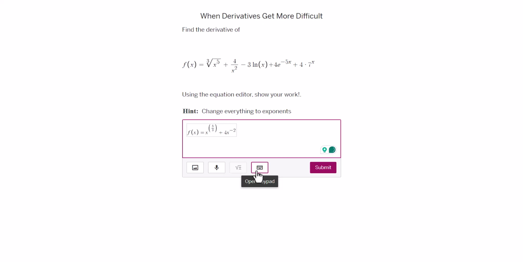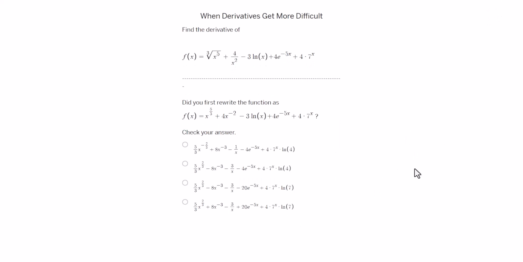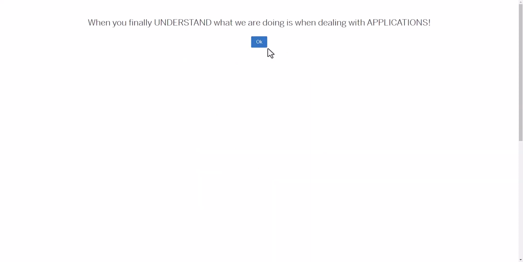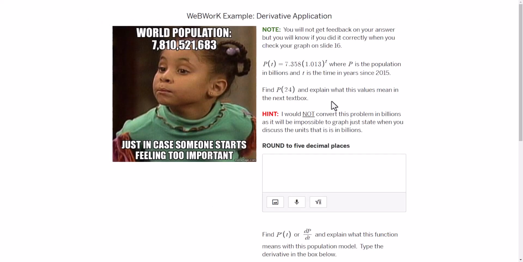Everything else will stay the same, and then you'll take that derivative. If you cheat, you'll be able to find it here, and I even showed you how to rewrite it on one of these multiple choice answers. But I would take the time to write out the steps and see that you understand how to find this derivative. Then you move on to applications.